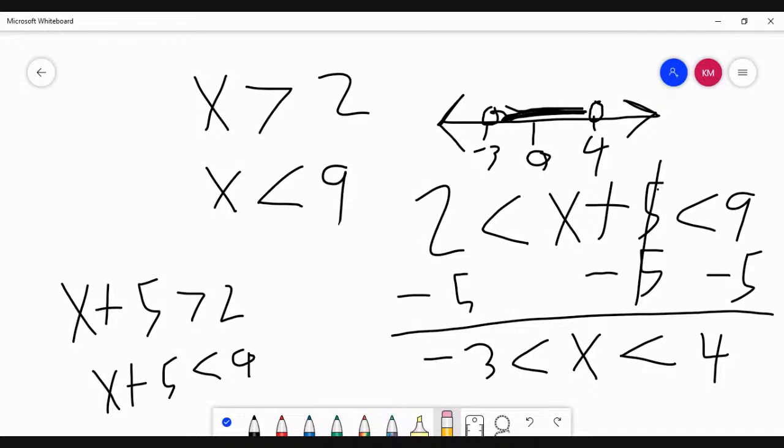Now, another compound inequality is when you have the or, meaning x is greater than something, or x is less than 2.